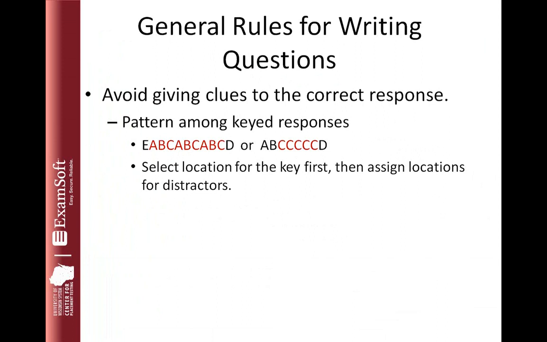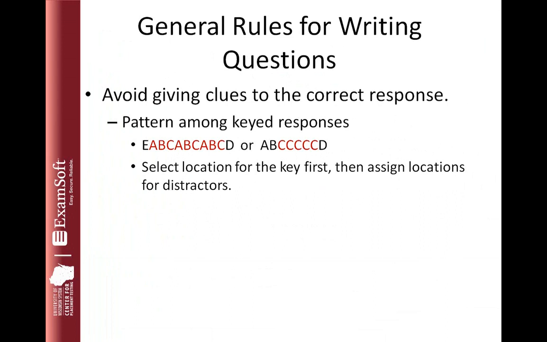Similarly, if we use the correct response too many times in a row, A, B, C, C, C, C, examinees are also going to pick up on that pattern. But mostly they're going to think to themselves, I've answered C 3 times in a row, there's no way that the next answer is C, and they might actually talk themselves out of the correct answer.